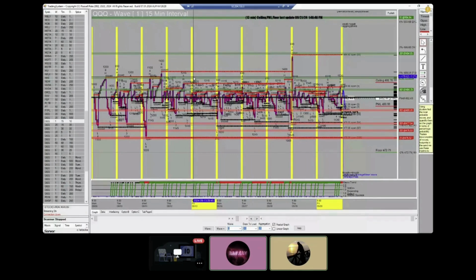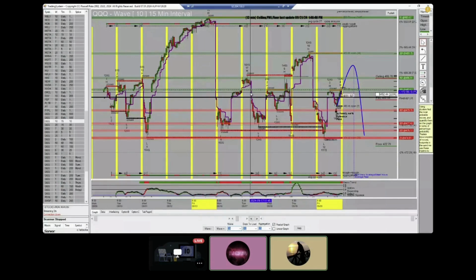So if we move to wave 10, we should see less movement. Yeah, you can see right here. Let it refresh. That's probably 8 to 12 cycles, something like that, right?